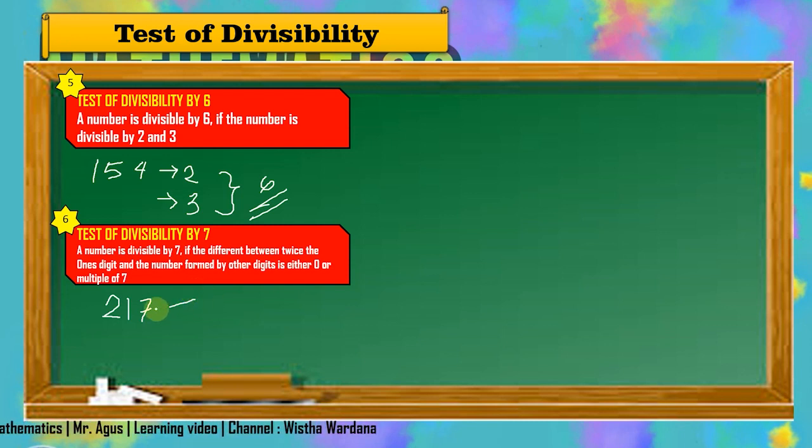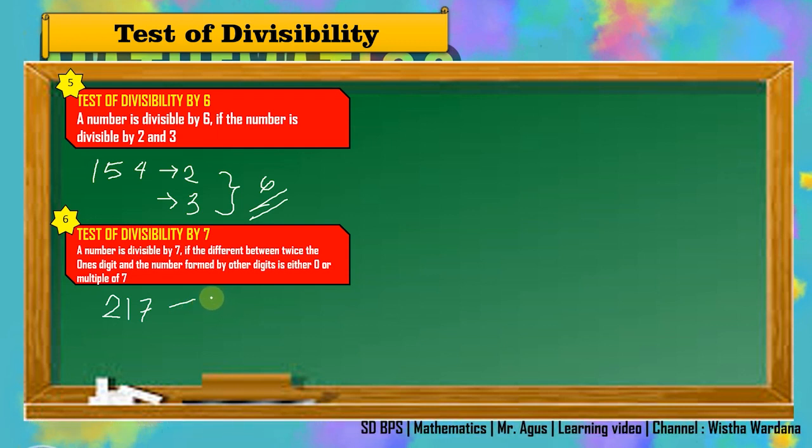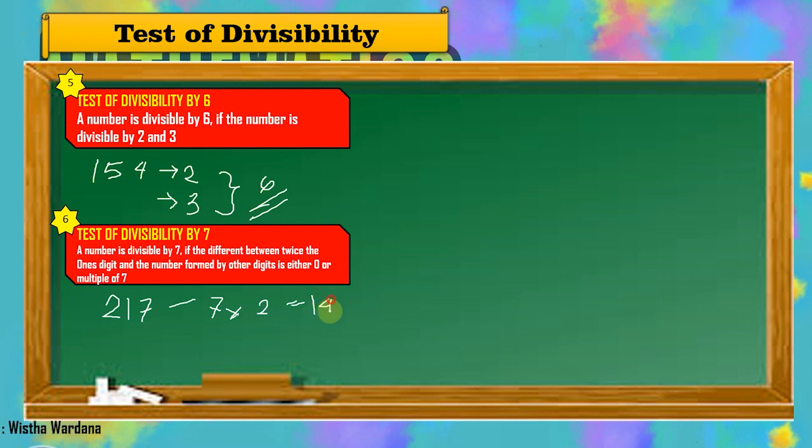So you have to find twice the one digit. The one digit is 7, so twice the one digit is 14. And then the number formed by the other digits is 21.